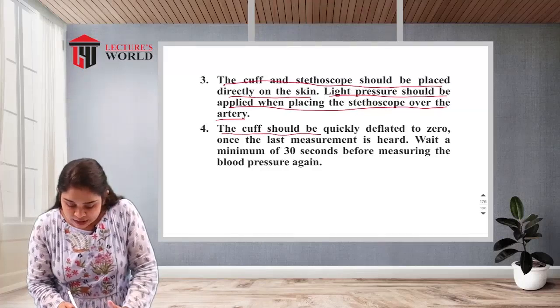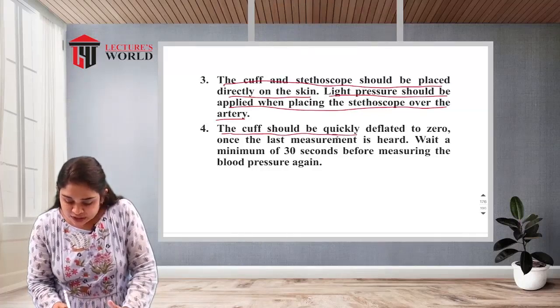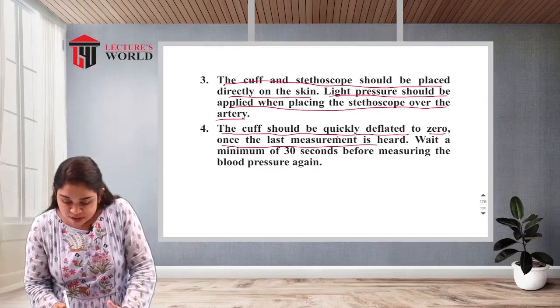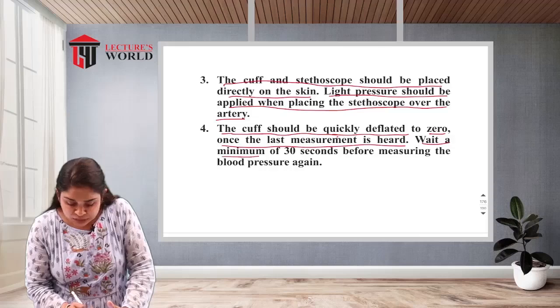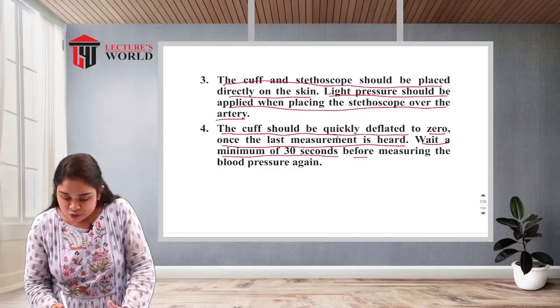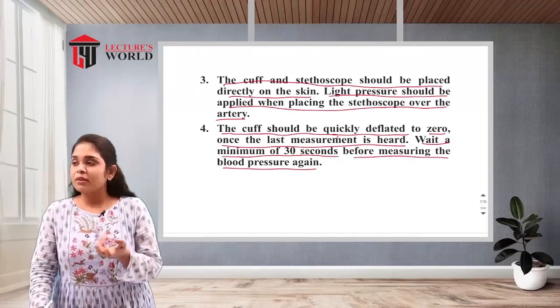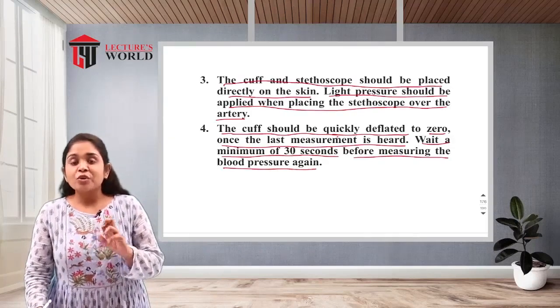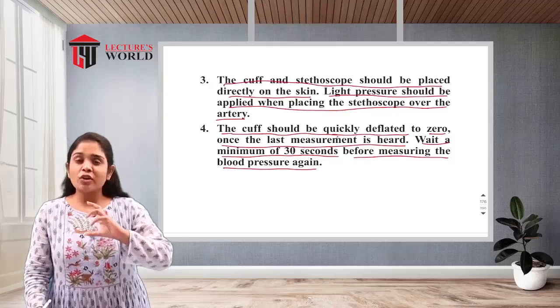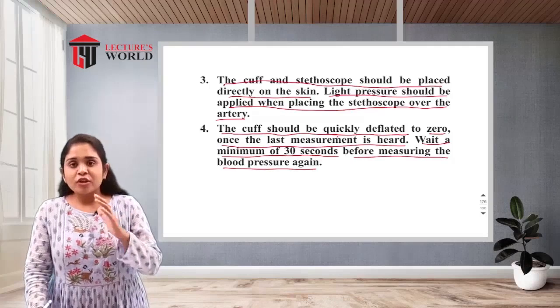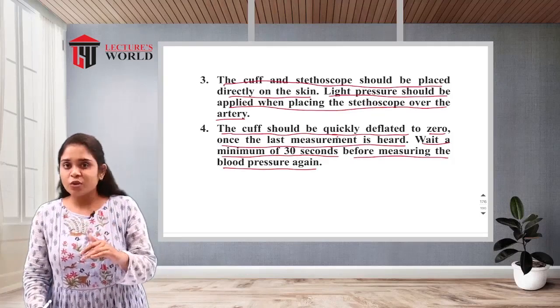The cuff should be quickly deflated to zero, and once the last measurement is heard, wait a minimum of 30 seconds before measuring the blood pressure again. What happens if you have checked the blood pressure once? Make sure you are deflating, removing all the air from the BP cuff, and coming to the zero reading.